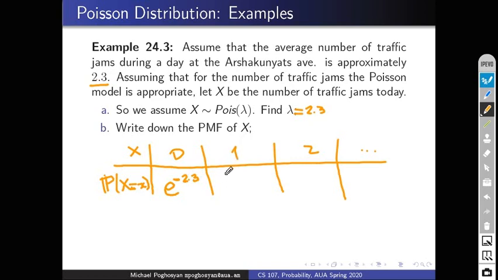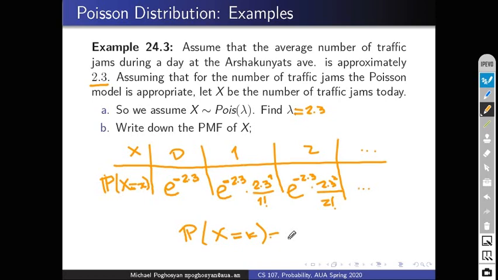The probability that x is taking the value 1 is e to the minus 2.3 times lambda 2.3 to 1 over 1 factorial, which is 2.3 times e to the minus 2.3. The probability that x will take the value 2 is e to the minus 2.3 times 2.3 squared over 2 factorial, etc. So the general formula is again given in the following form.